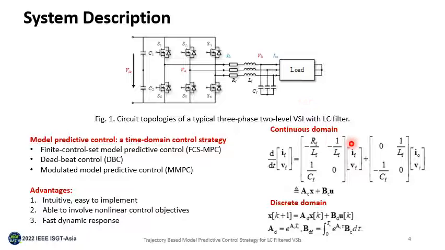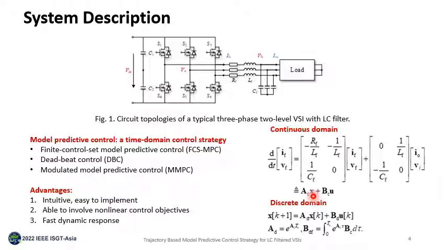The state variables include the voltage on the filter capacitor Vf and the current flowing through the filter inductor If, and the control inputs are the output current Io and the switching voltage Vi. Further, it is discretized using the zero-order hold method, which conforms to the discrete nature of the digital processors.